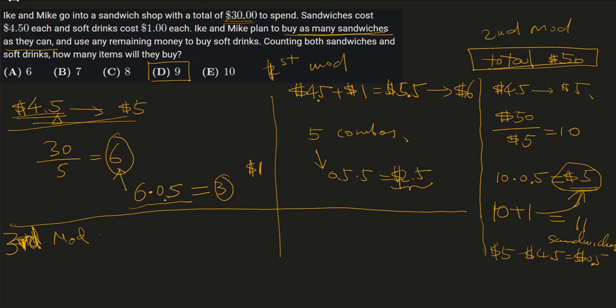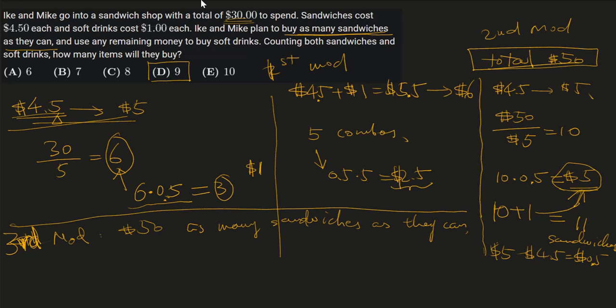So what we change here is we have $50, and we want to change this criteria from as many sandwiches as they can to this: as many sandwiches as they can. But still, they have to use up all the money.